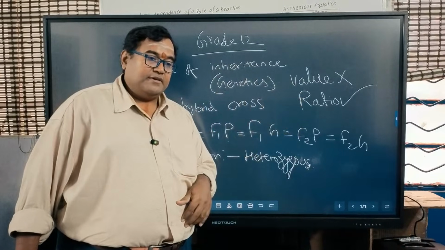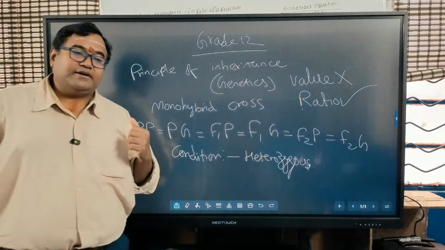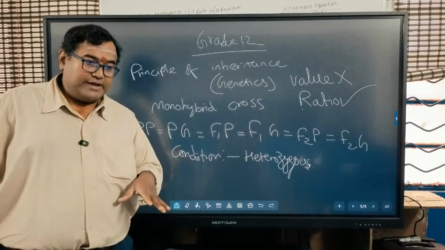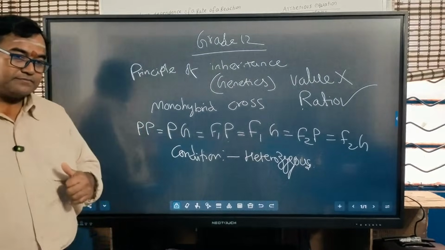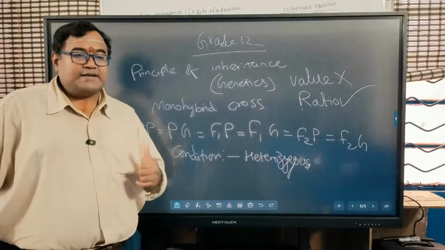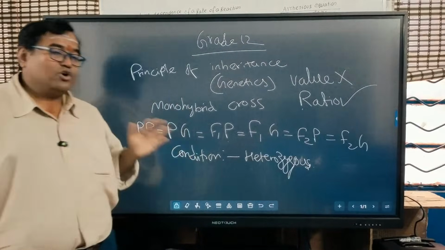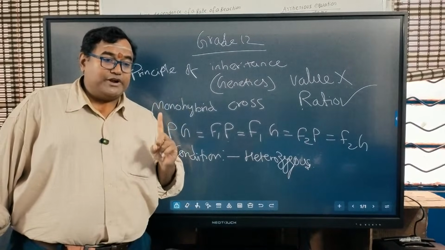Right? So work it out. Do any monohybrid cross. You can take yellow color, green color, wrinkled seed, anything you like. And you can ask any questions in between. One more time I'll repeat. Condition 1, the parent should be heterozygous.